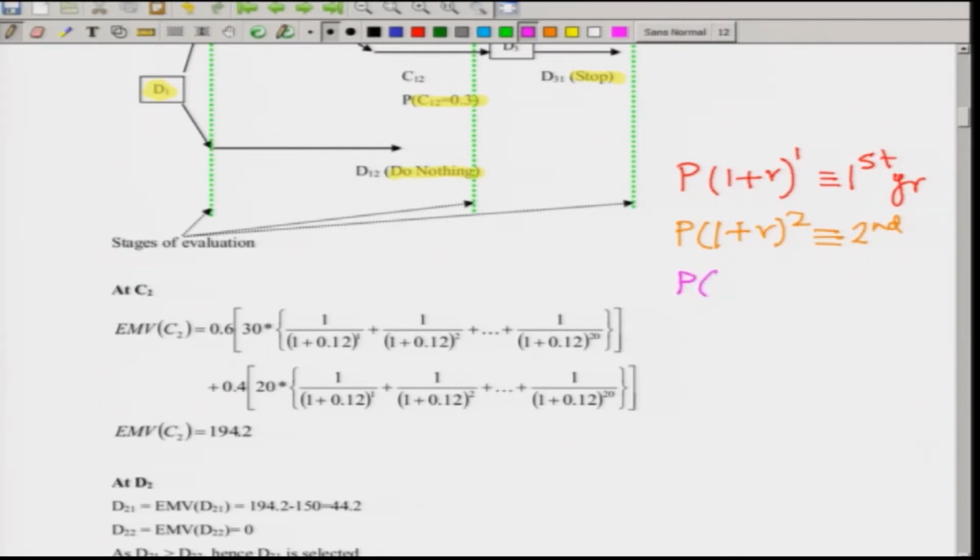This is the value after the third year. Similarly, the value which I get after the fourth year, that means once I invest, I continue that money.